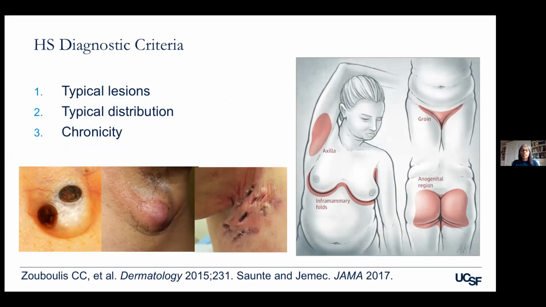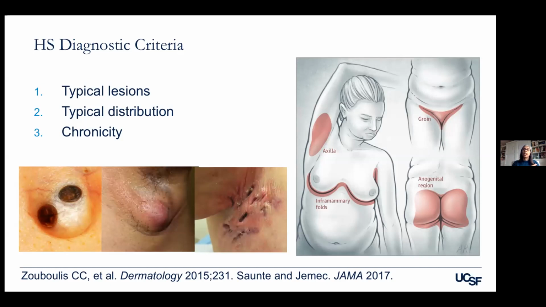The diagnostic criteria for HS are quite simple. These are clinical criteria, and there are really three main criteria, and you have to have all three to meet the diagnosis. Patients have to have typical lesions, so double-headed comedones, nodules, abscesses, or the tunnels and typical scarring that we see in HS.